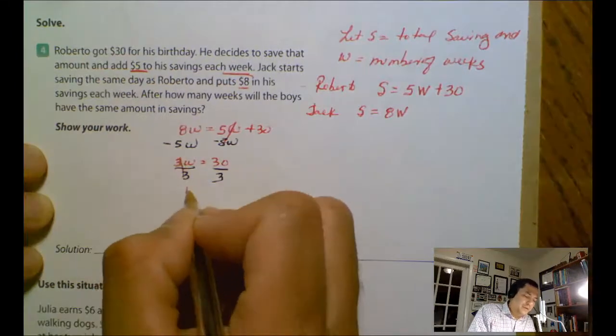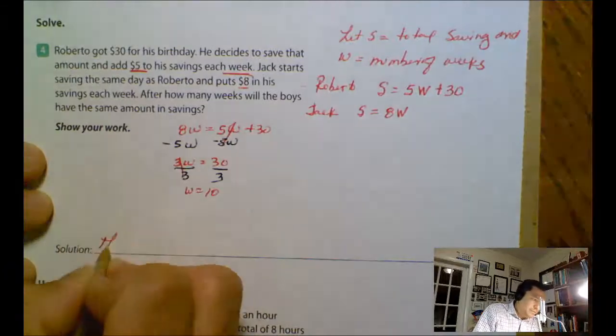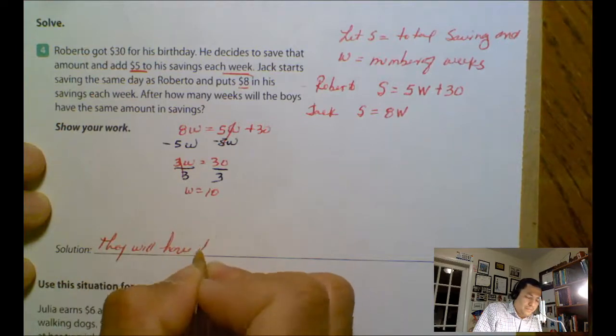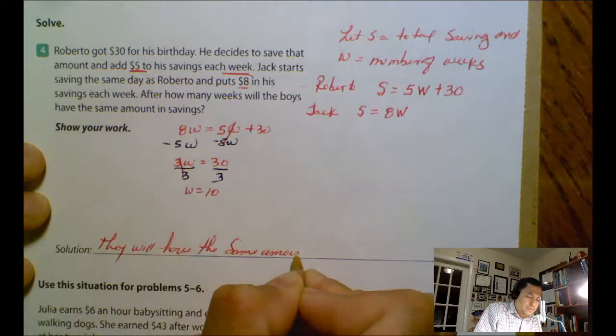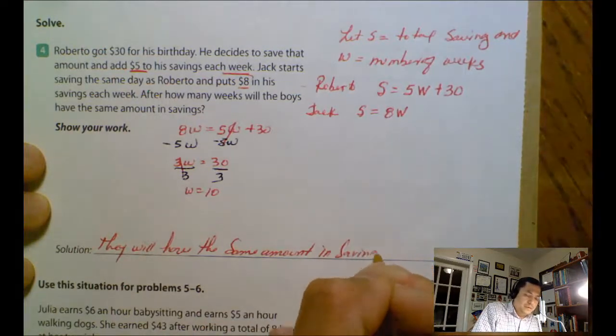So we have that W equals 10. So the solution: they will have the same amount in savings after 10 weeks.